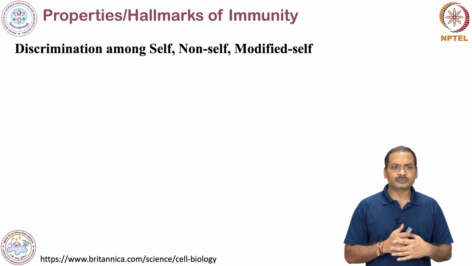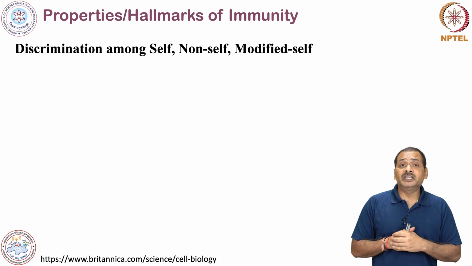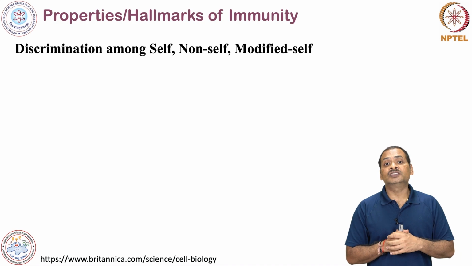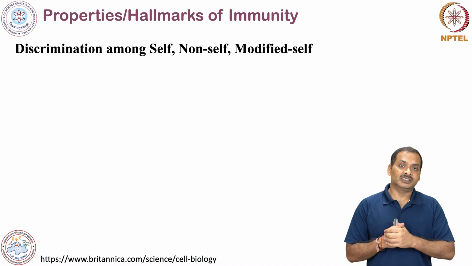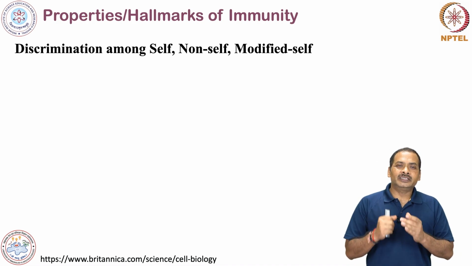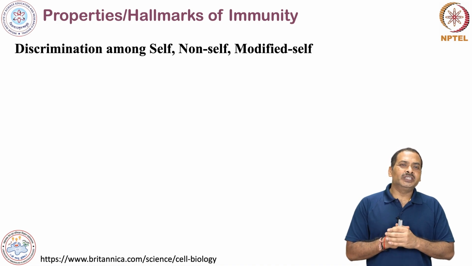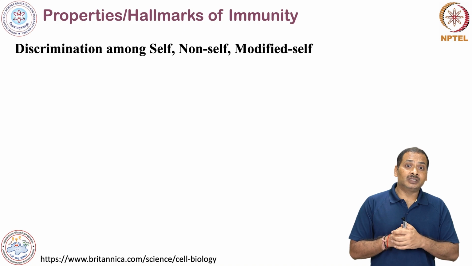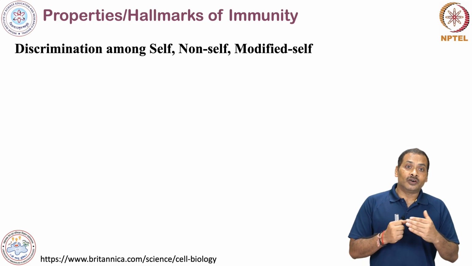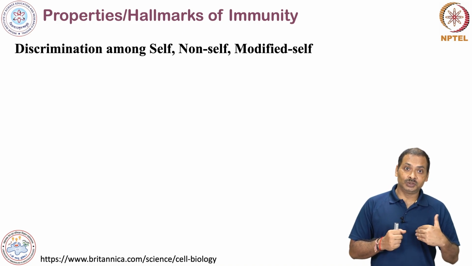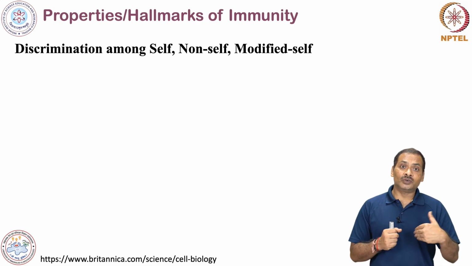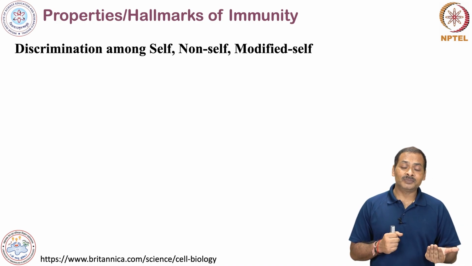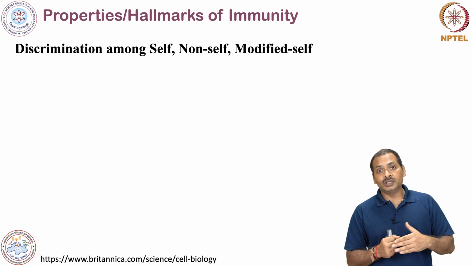Another is discrimination among self, non-self and modified self. Again, this is a very unique and very important property of immunity. Discrimination of self means our immune system does not react with our own cells or our own molecules.